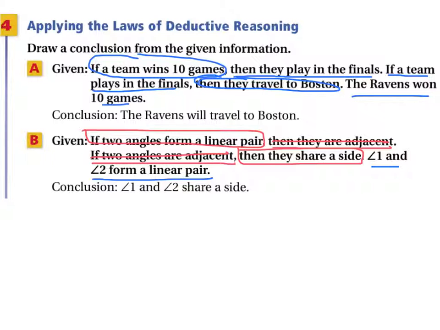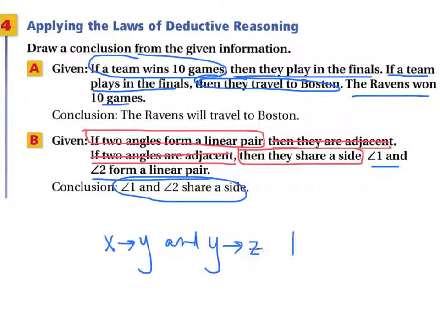We can state that angle 1 and angle 2 share a side using the law of syllogism, which states if x then y and y then z, then we would know if x then z.